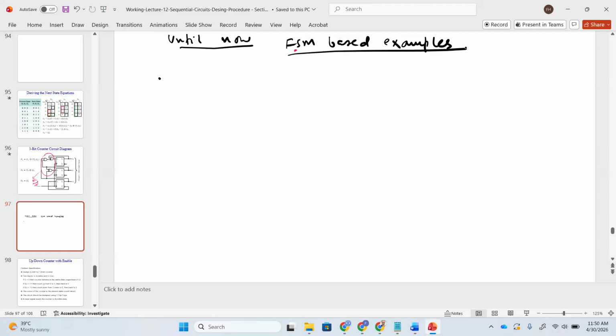We did a vending machine example, and that vending machine example was done using Mealy. Remember? Yes or no?